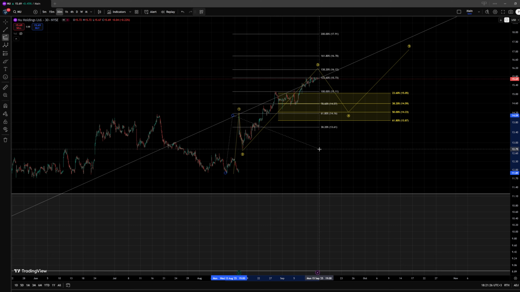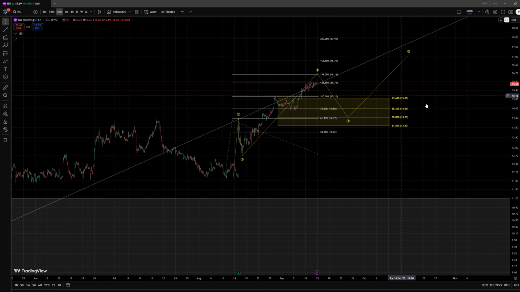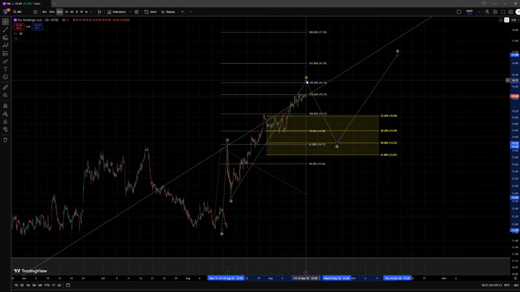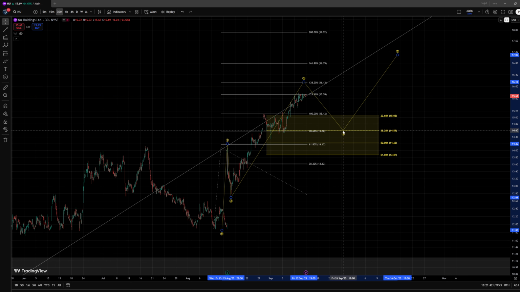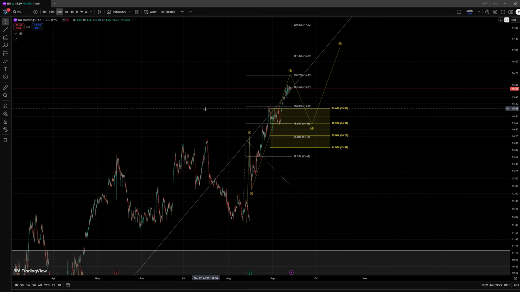So let's check. No, that would be at the 138.2% extension at the $16 level. So I suppose we could still see some continuation here in the third wave, but once this is complete, I would be prepared for a larger retracement in a wave 4, if anything.